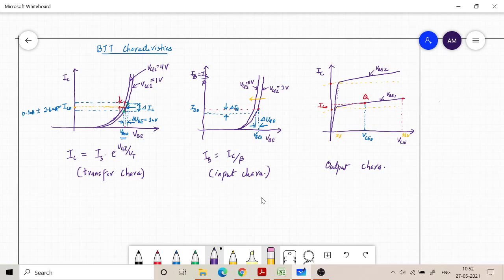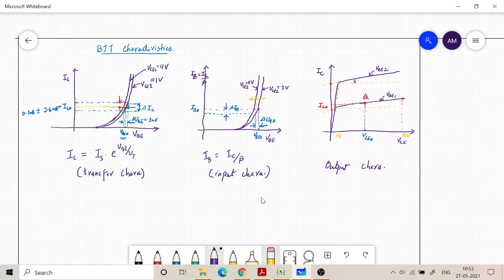But in order to take it into account, we can take the practical characteristics of a BJT, which will have a non-zero slope like this. Okay, so this is the non-zero slope.